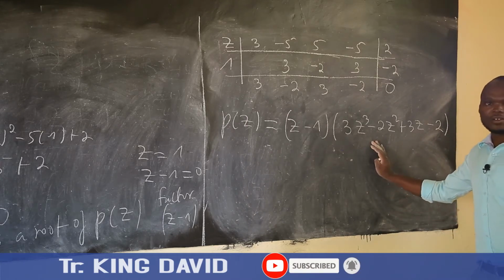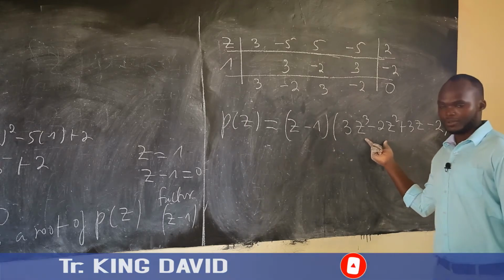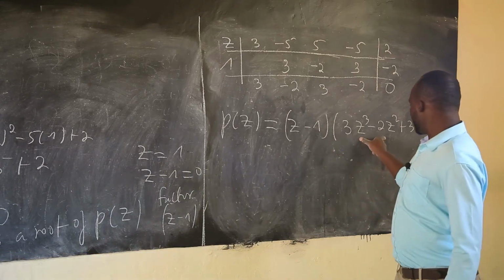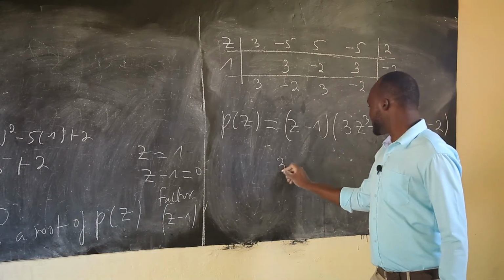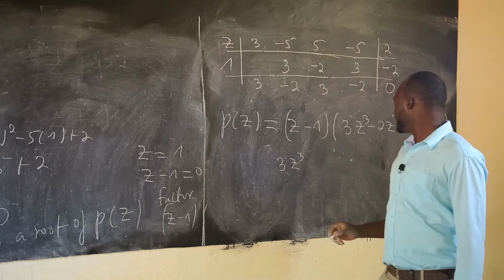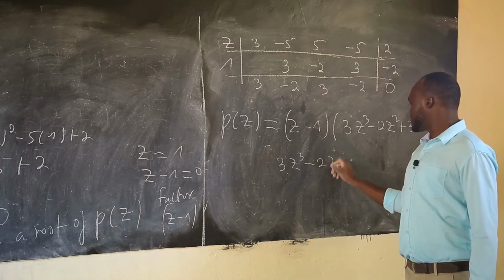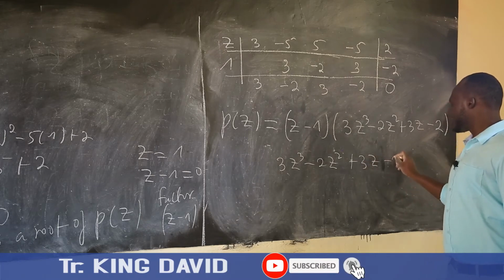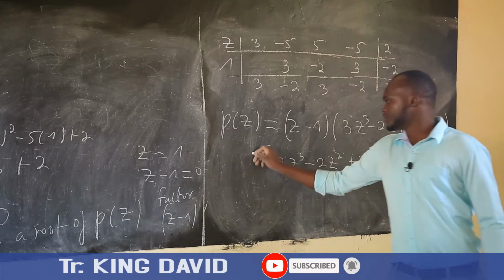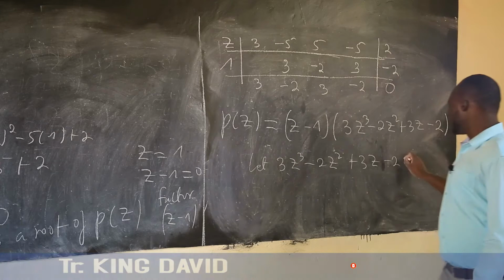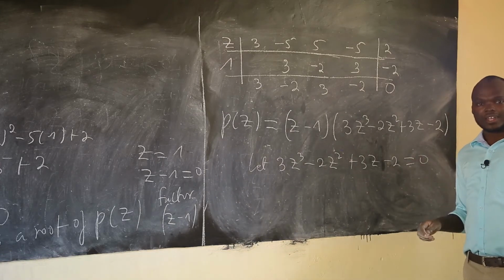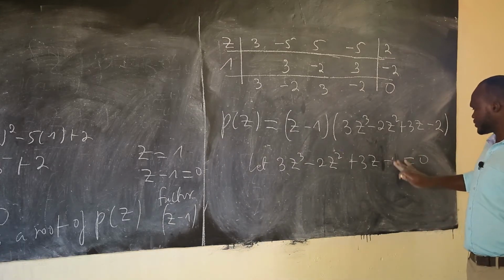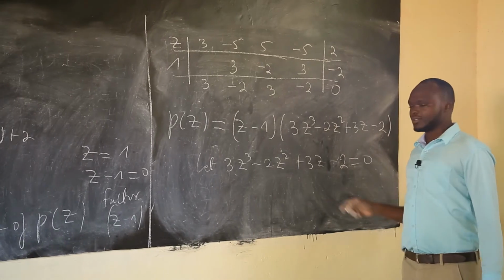We're going to factorize this polynomial, 3z^3 minus 2z^2 plus 3z minus 2. We let this one be 0 in order to find a factor or a root.